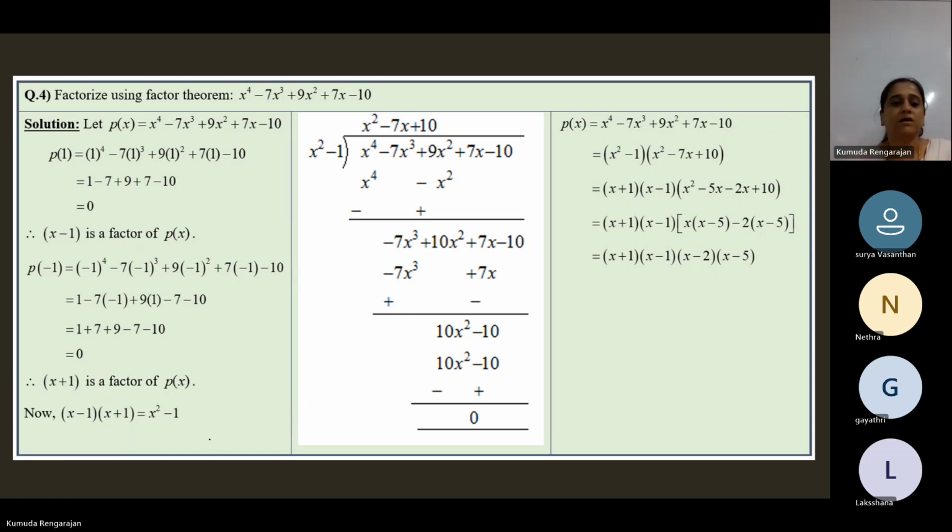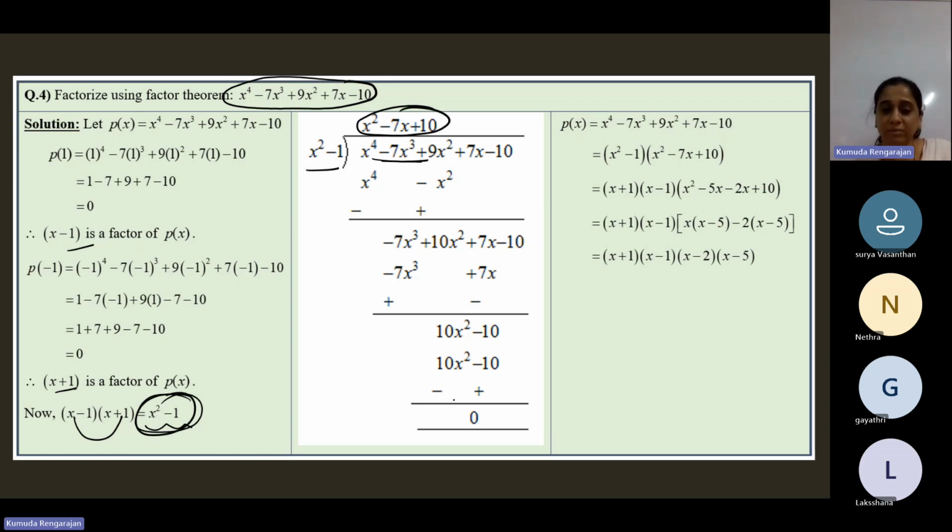After finding the 2 factors, multiply the 2 factors, so the resulting expression will be quadratic. Divide the given polynomial by this quadratic polynomial, so you will get a quadratic quotient. Remainder will be 0 because you're dividing by a factor.